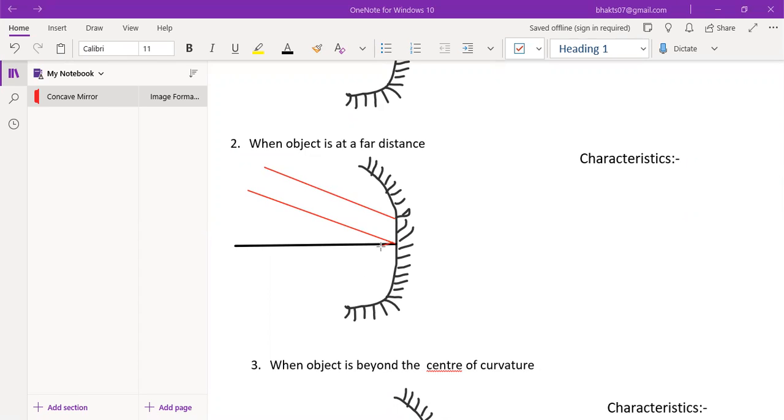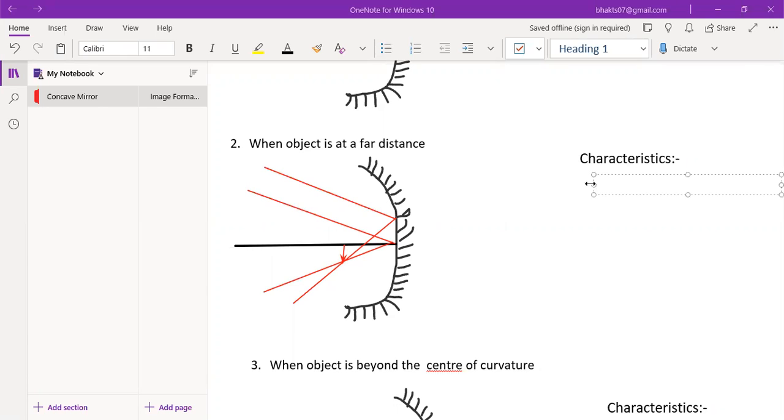Now, this is the reflected ray which I am drawing right now. And for the first ray, the reflected ray would be this. So now, as you can see, from the line till the intersection point, the arrow which is represented over here, this is the image which is formed of the object.